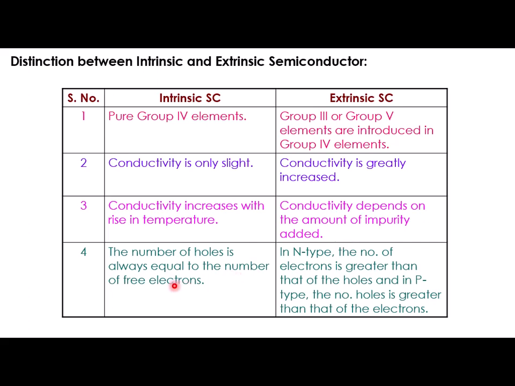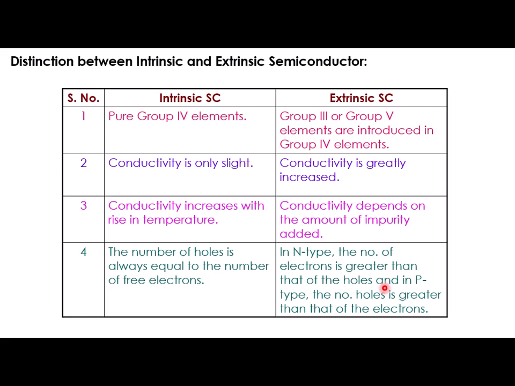The fourth point is that the number of holes is always equal to the number of free electrons in an intrinsic semiconductor. Whereas in an extrinsic semiconductor, if it is n-type, the number of electrons is greater than the number of holes, and electrons are called majority charge carriers and holes are called minority charge carriers.